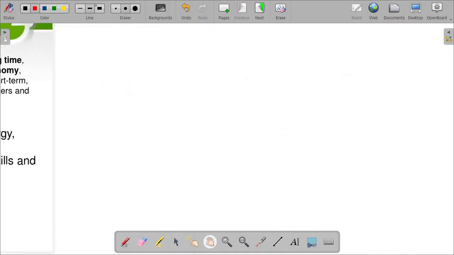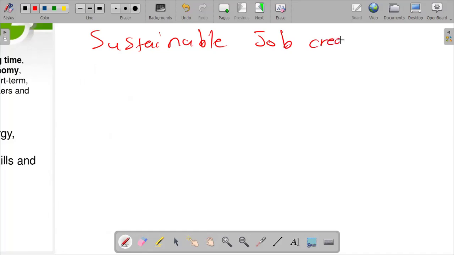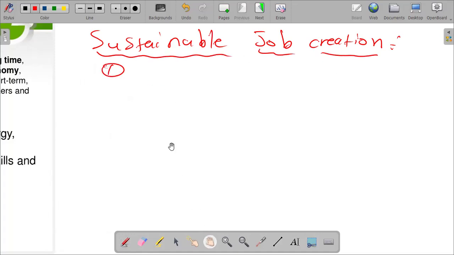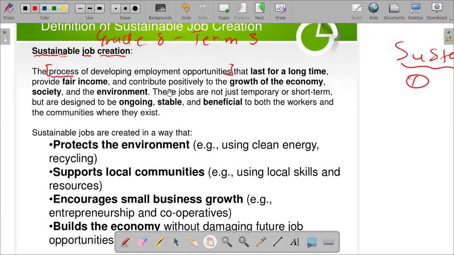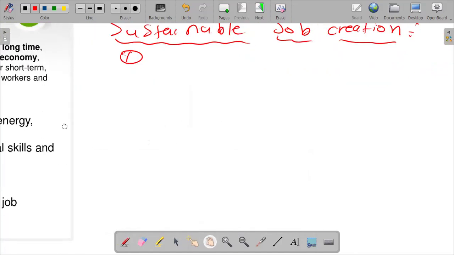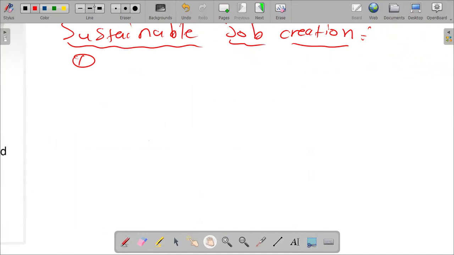So basically, what sustainable job creation is, is that we create work for the people of the country. All right. We create work. So number one says it's the process of developing employment opportunities.